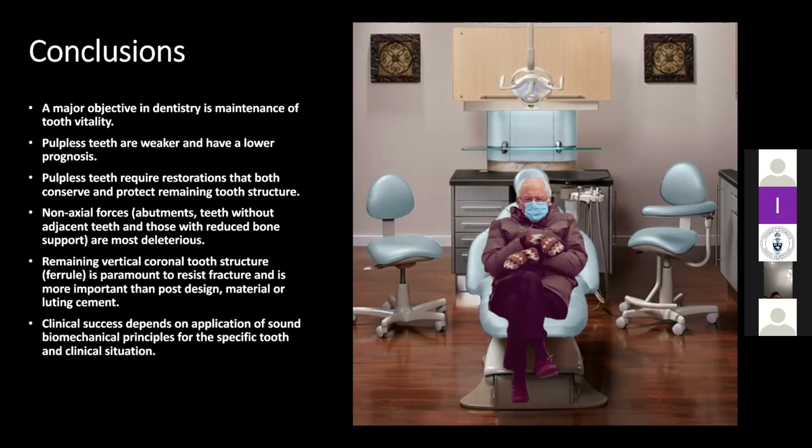Are we actually providing any benefit for the patient? Are we eliminating any symptoms? Are we aiming to produce any healing? Because even though it might not be technically acceptable, it doesn't mean the patient doesn't have healthy periapical tissues.